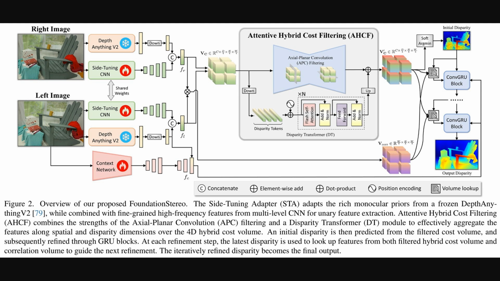Then, there's this central block called attentive hybrid cost filtering, or AHCF, which aggregates features effectively using things like axial planar convolution and a disparity transformer. Finally, it predicts an initial disparity and refines it iteratively using GRU blocks to get the final, more accurate output disparity map.